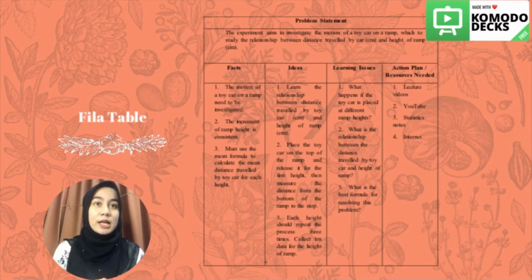Number 3, what is the best formula for resolving this problem? So, action plan or resources needed. We have lecture videos, YouTube, statistic notes, and internet. Okay, so that's all for the FILA table.